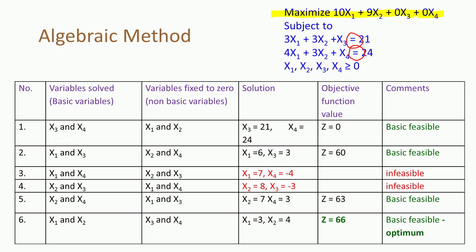If we give 0 value for x3 and x4, it will become 3x1 plus 3x2 equal to 21 and 4x1 plus 3x2 equal to 24. So we have to give some value for the 2 variables that we are not going to solve, which are called fixed variables.